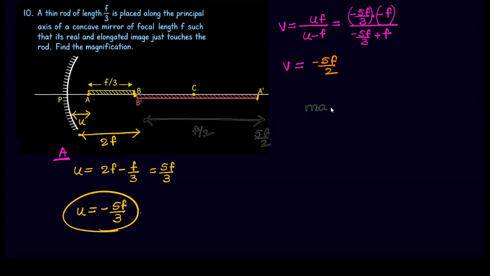Magnification is the length of image by length of object: A dash B dash by AB. That is F by 2 by F by 3, so it will come to be 3 by 2.